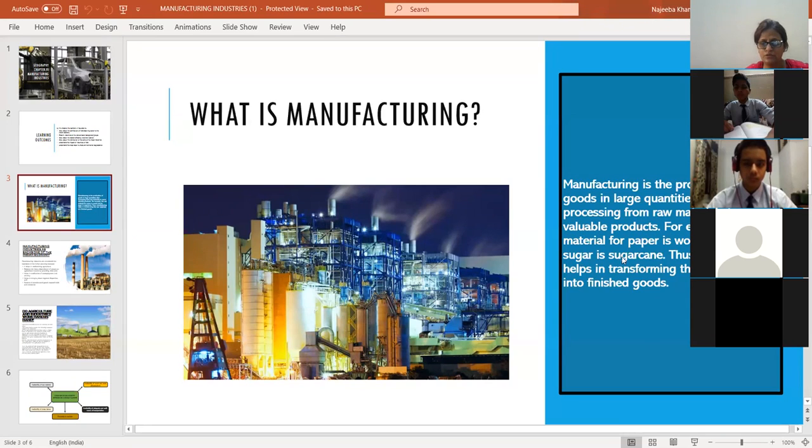So these are the two best examples given here, which define the meaning that processing is done here, and raw material is converted into a valuable thing or a finished good. So thus manufacturing helps in transforming raw materials into finished goods. This you must know. This is the meaning of manufacturing. Is it clear, children? Yes, ma'am. Any doubt here?